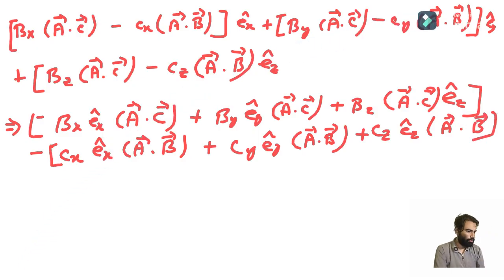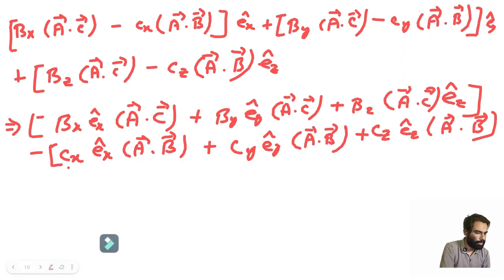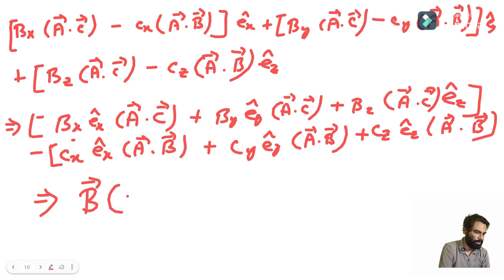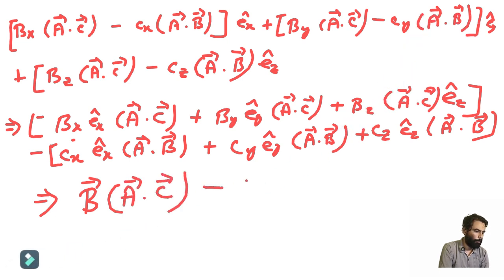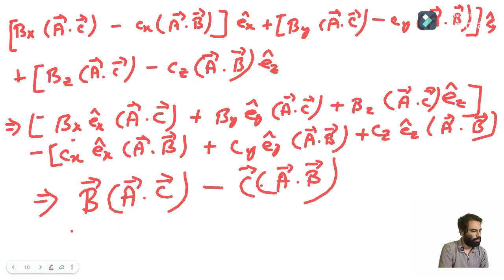Okay, now you can see that if you take A dot C common from the first and second, then what you will get, BX EX plus BY EY plus BZ EZ, is basically vector B. So the final result you are getting is vector B into A dot C minus vector C into A dot B. This rule is called the BAC minus CAB rule for the triple product.